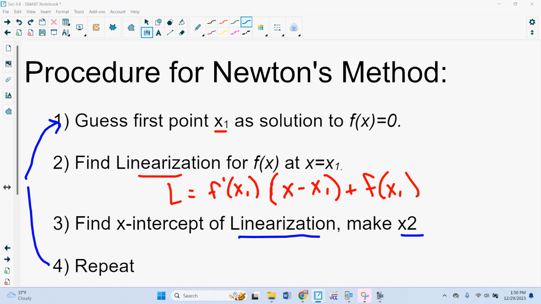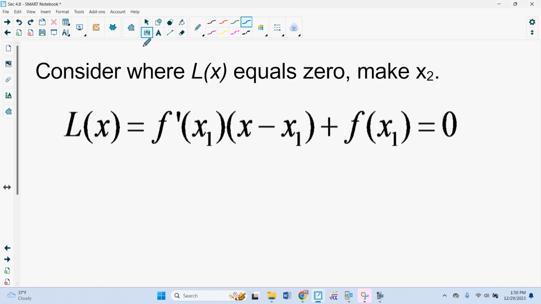Now, if we think about our linearization, so here is our linearization for x1, and I want to find x2 that makes this 0. So I want to find this x2 right here that makes this equal to 0.